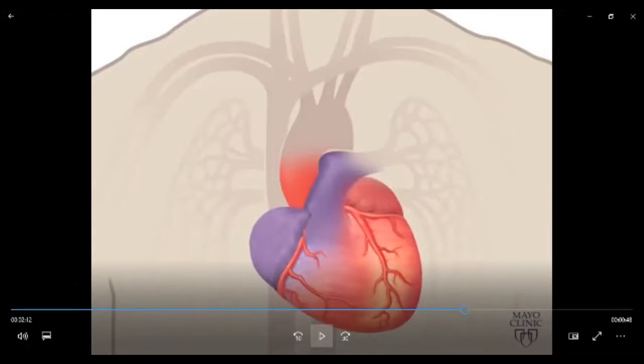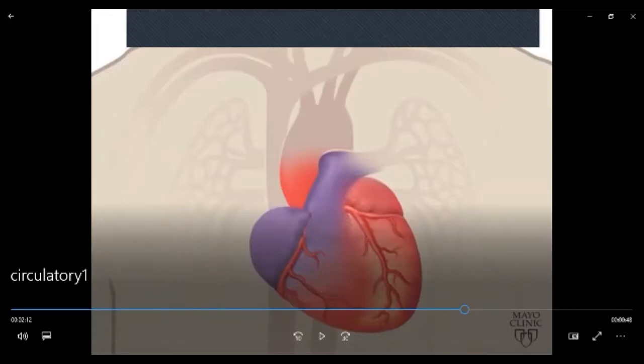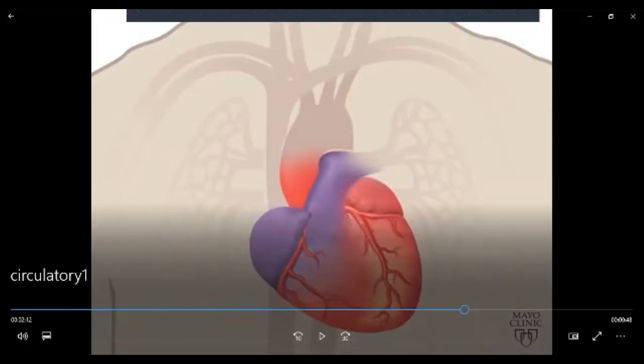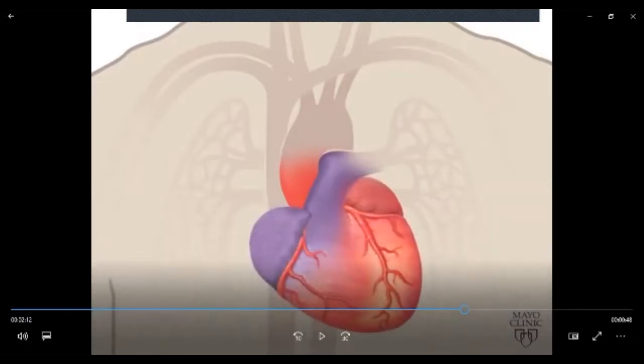Now, if you see someone that has coronary heart disease, it means their blood vessels, the coronary arteries, are being blocked either by fats or by calcium, too much calcium, or usually fats.